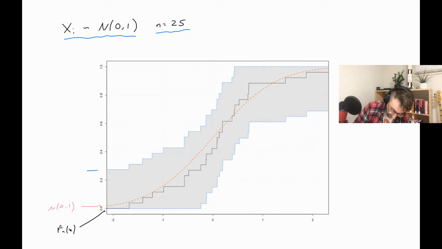So the blue, well, here is the upper bound of x, and below it, maybe I should write it over here, except you can't see that. Anyway, this here is the lower bound of x. Okay, so we have our estimate, and then at any x, we have plus minus a margin of error. But note that these bands, they're not pointwise confidence intervals.